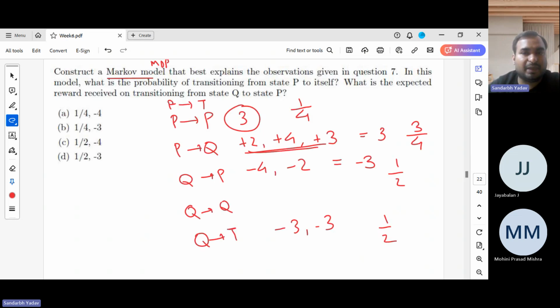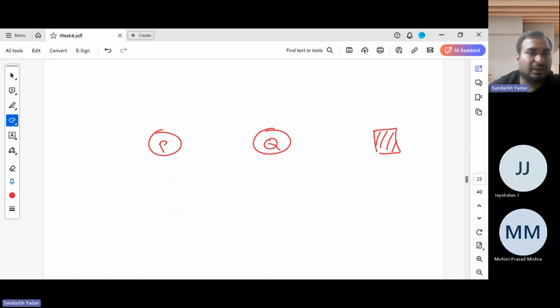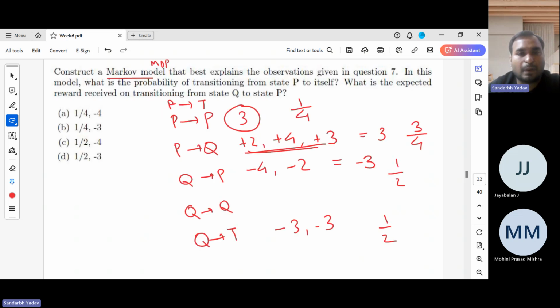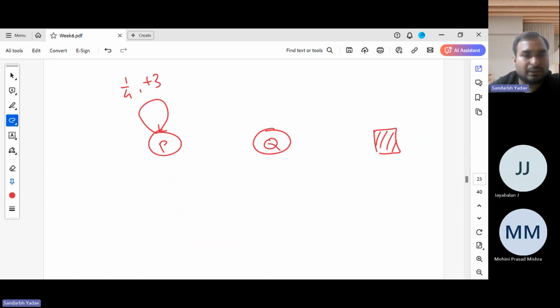So P2P is 1 by 4 probability and reward is +3. So P2P will be a self loop with 1 by 4 and +3. And P2Q is +3 reward and 3 by 4 probability. So Q to Q, we already saw there was nothing, but Q to P, there was something, and the probability was half for both.